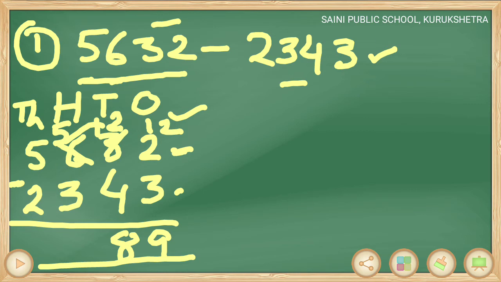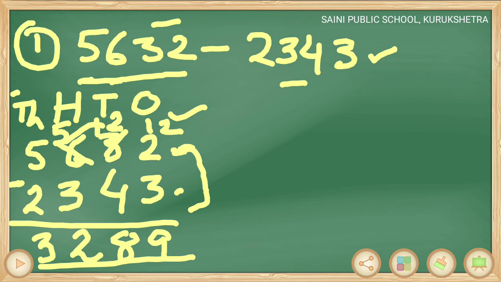Now move to 100 place. At 100 place, 5 minus 3, what will we get? We will get here 2. Now at 1000 place, again 5 minus 2, so we will get here 3. So this is our subtraction.